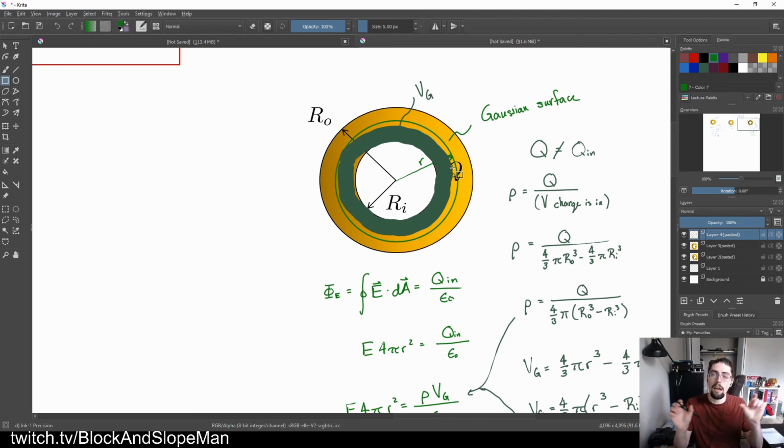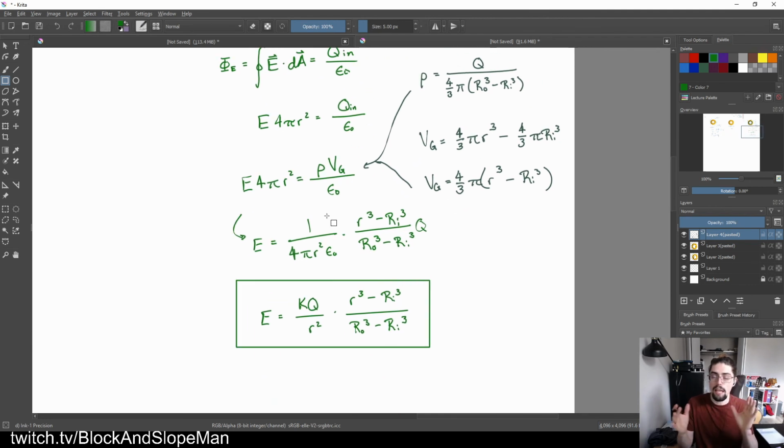Because we can scale this r. By calling it a variable little r, we can scale it to any value we want. We can plug in, if we wanted to find what is the electric field 2 centimeters away from the center, we can plug in that little r and we can find the electric field based on that. This is not just one set magnitude, it is a magnitude within this region. And that's very useful, right? It's no longer just plugging in for one value.